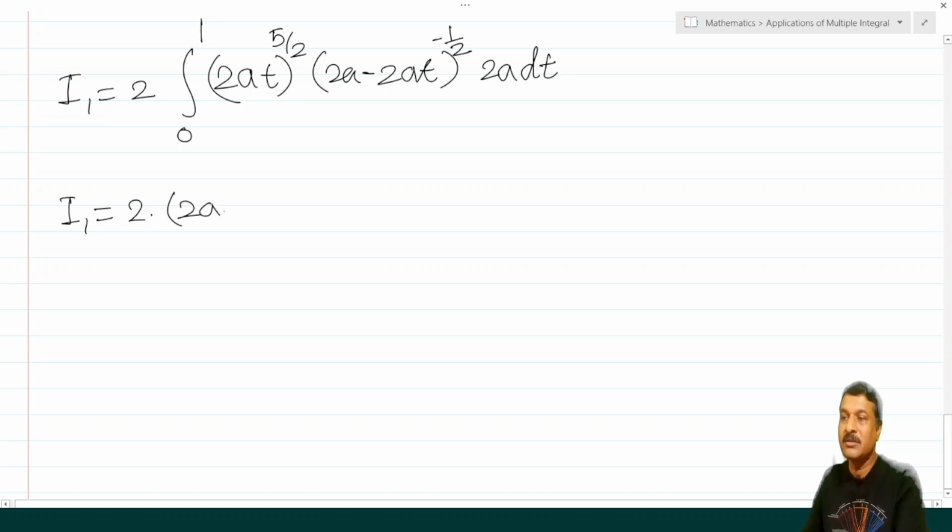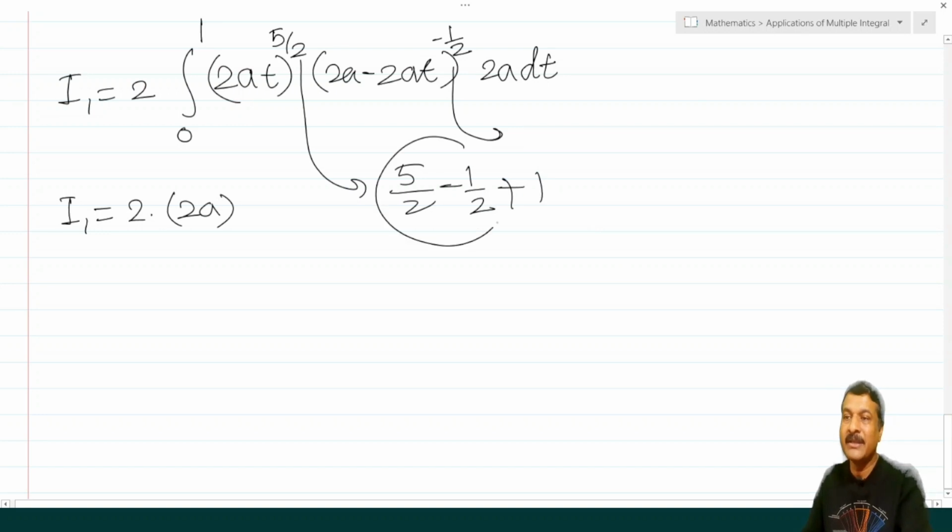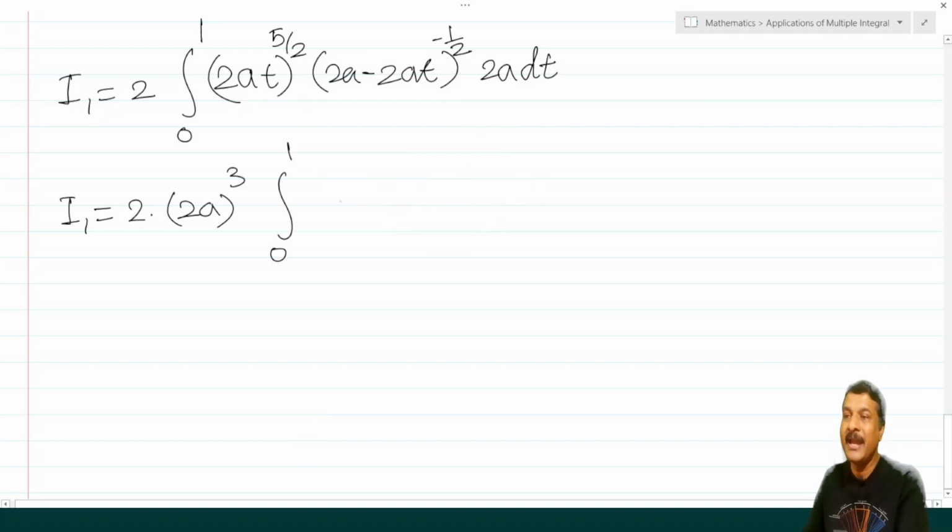Now here the constant term is 2a. What is the power? Here 5 by 2. Here common out 2a. So I will get a minus half power, and here plus 1. So here 2 plus 1 means 3, so 2a cube. Remaining as it is. So t raised to 5 by 2 into 1 minus t raised to minus half dt.